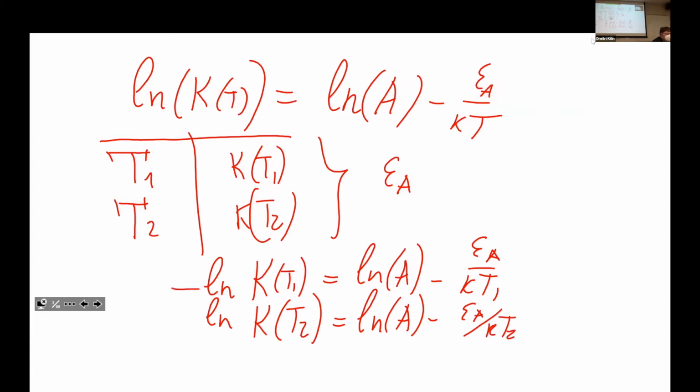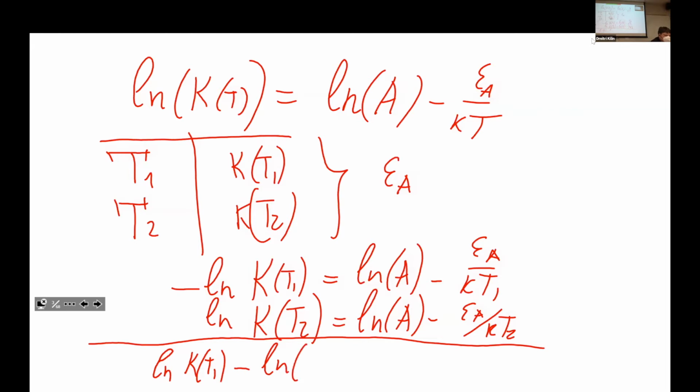Now we can subtract these two equations from each other. Right? And then on the left, we get ln k(T1) minus ln k(T2).